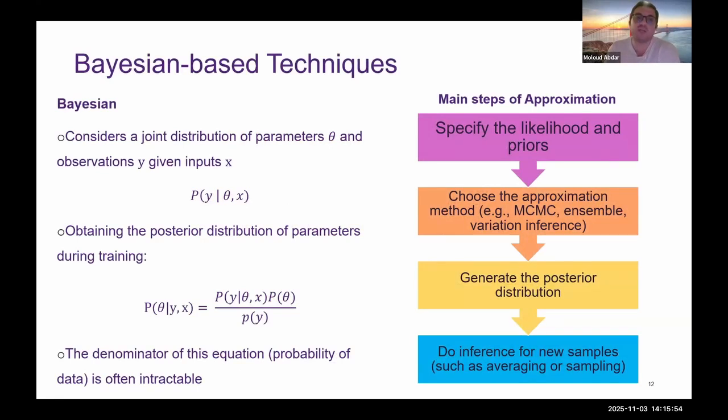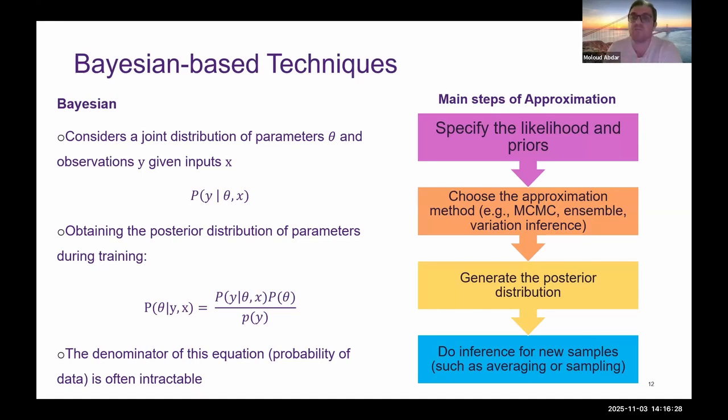To get started, we start with Bayesian-based techniques, which I am sure you are quite familiar with. It considers a joint distribution of parameters θ and observations y given inputs x, and then it obtains a posterior distribution of parameters during training, which requires the marginal probability of the data, which is often intractable.